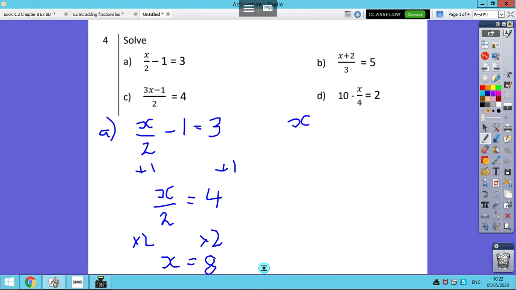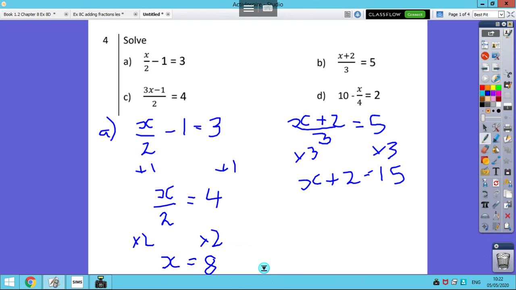So if I write that out here, x plus 2 over 3 equals 5. So the first thing we're going to do is multiply by 3 on both sides, and we get x plus 2 equals 15. And then we've got to take away that 2 from both sides, and we get x is equal to 13.